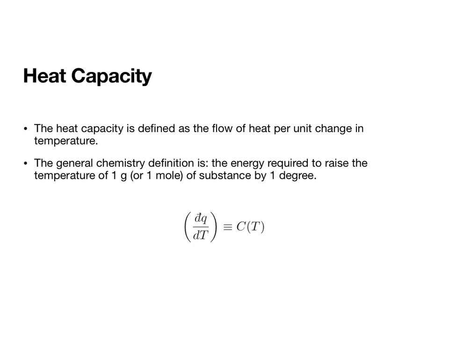Okay, so when we start talking about energy and heat and work, we have to define heat capacity. The heat capacity is defined as the flow of heat per unit change of temperature. That's the PChem definition. The general chemistry definition, which remember we said everything in Gen Chem still applies, is that the energy required to raise the temperature of 1 gram or 1 mole of substance by 1 degree is the specific heat.